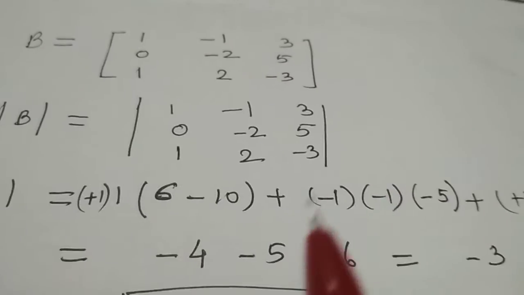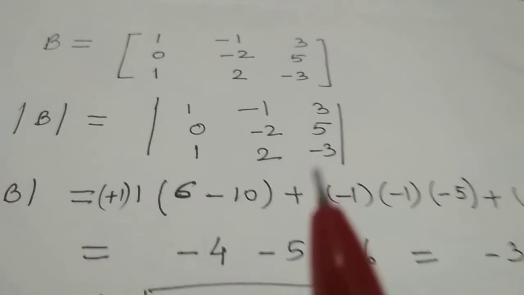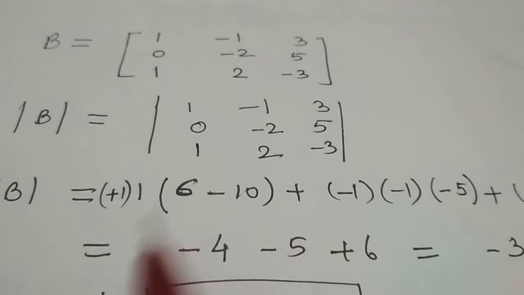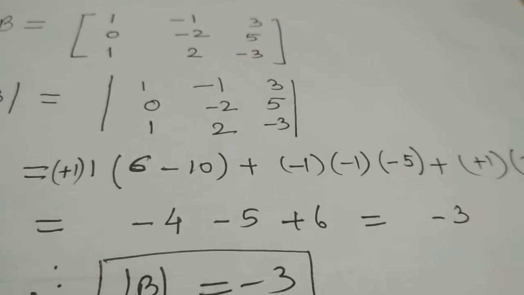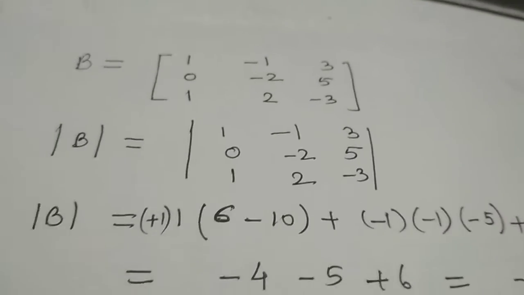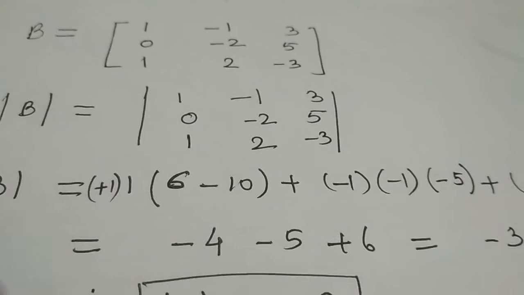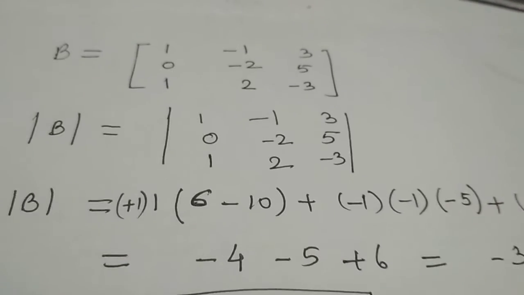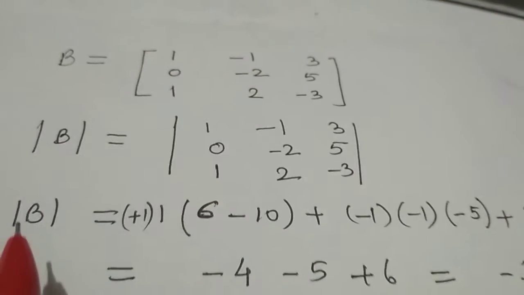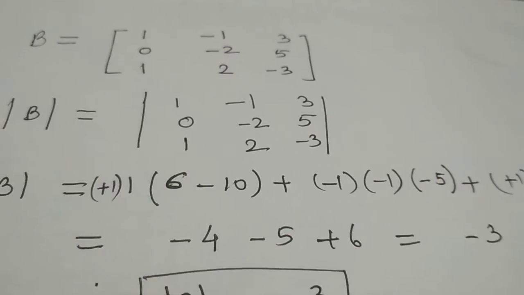One small test I will conduct, and I want to see that each one of you is able to calculate correctly. Practice definitely will make you perfect. So minus 4, minus 5, 6, minus 3.